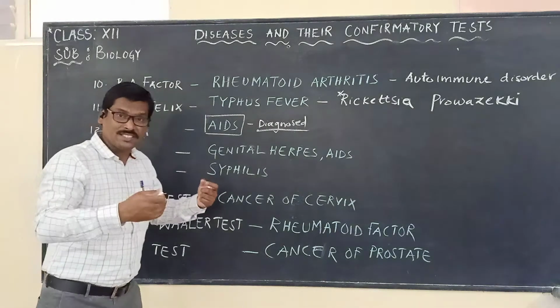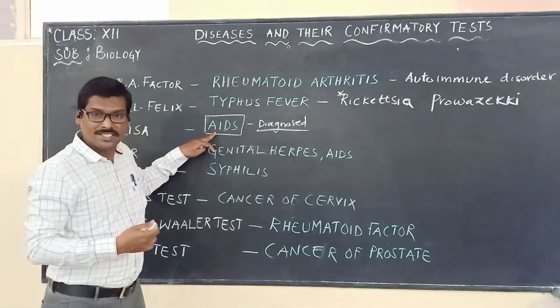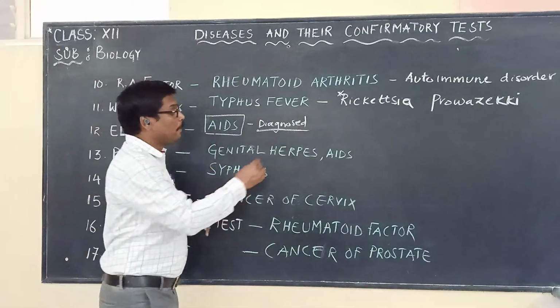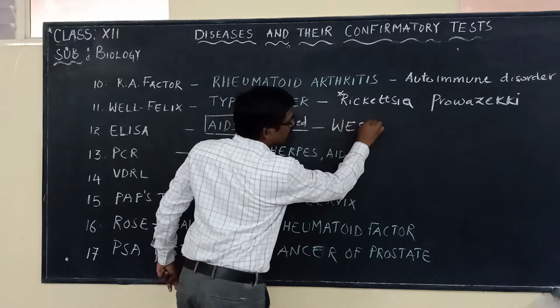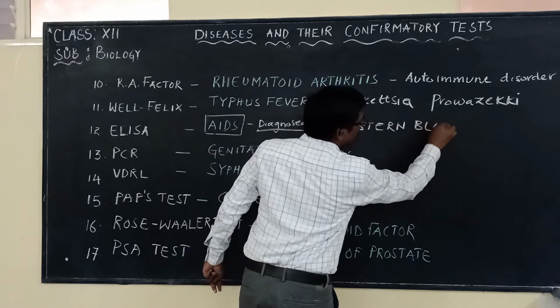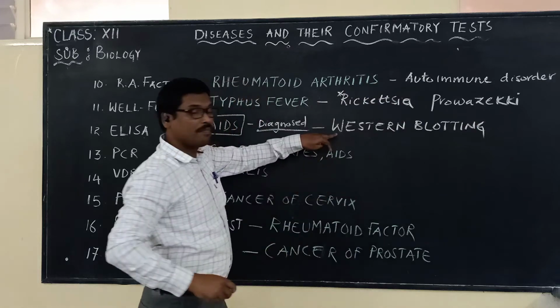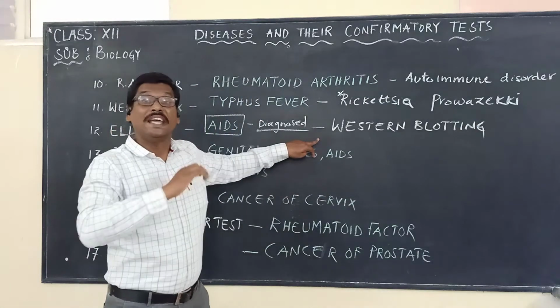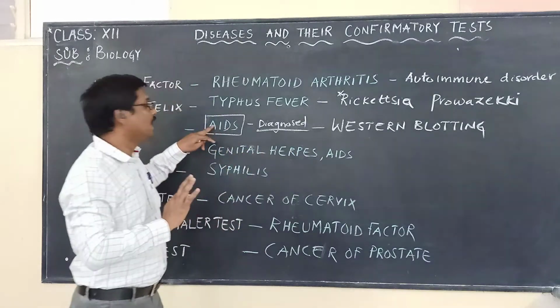And once it is diagnosed by the ELISA test, then AIDS is confirmed by another test. Please remember, which is called the Western blotting technique. It is with this technique that they confirm that this disease is AIDS.